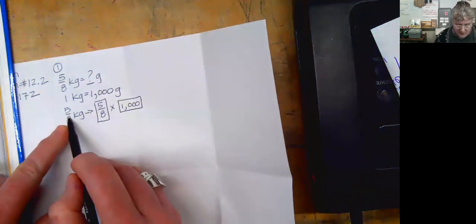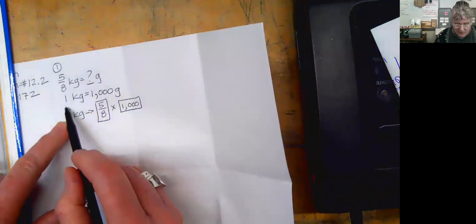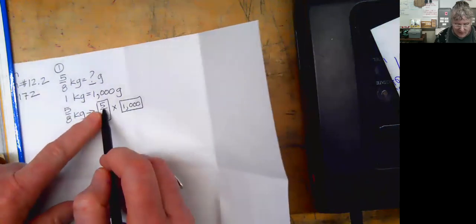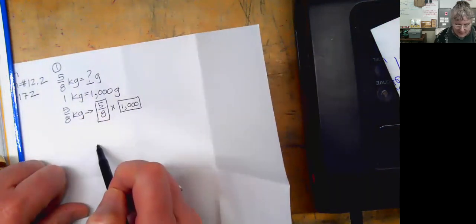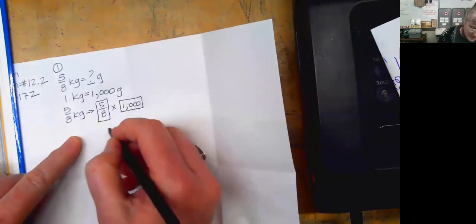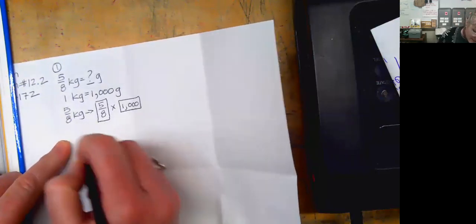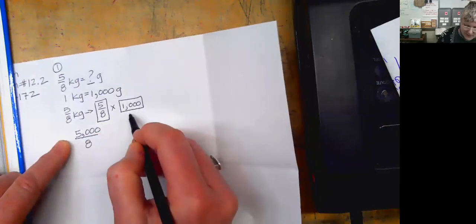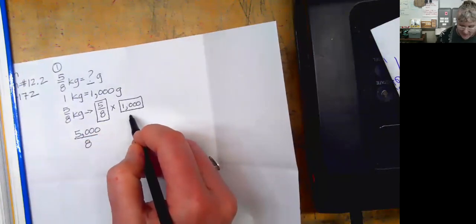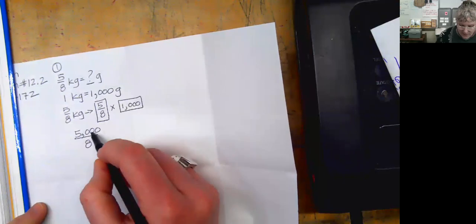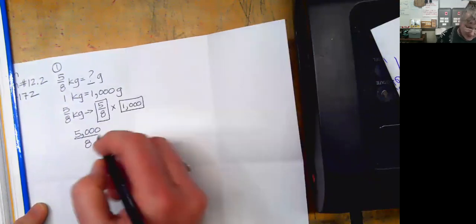Because if we have 5/8 over here, that means we have to multiply 5/8 on this side, right? This ends up giving us 5,000 over 8, right? Because this is the same thing as 1,000 over 1. 5 times 1,000 is 5,000, and 8 times 1 is 8.